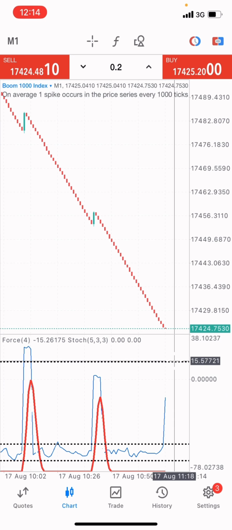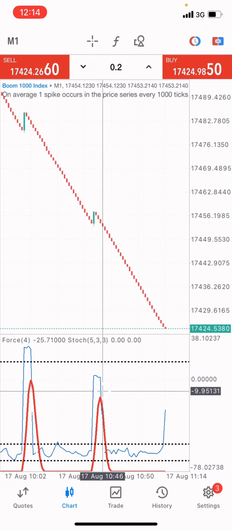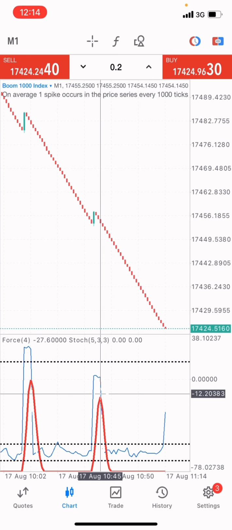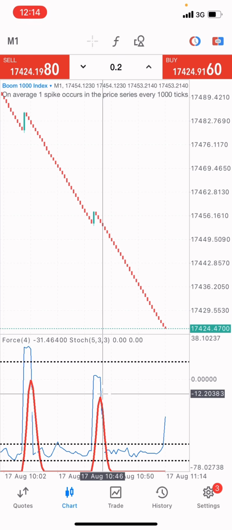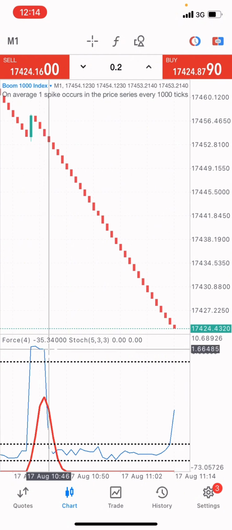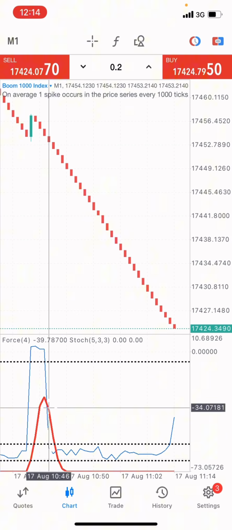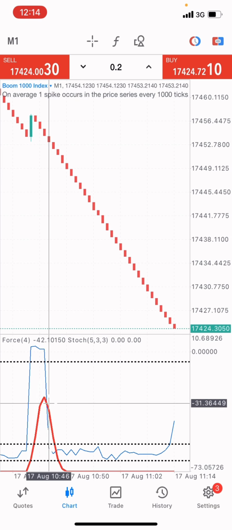giving you a signal that the market right here is about to buy, like I said. Okay, now if you want to take advantage of small price movement, like taking 5 candlesticks, 10 candlesticks from the market, all you need to do is just place a sell when you see a crossing at this point, while using the 1 minute time frame. When you see a crossing downwards here, you place a sell immediately.